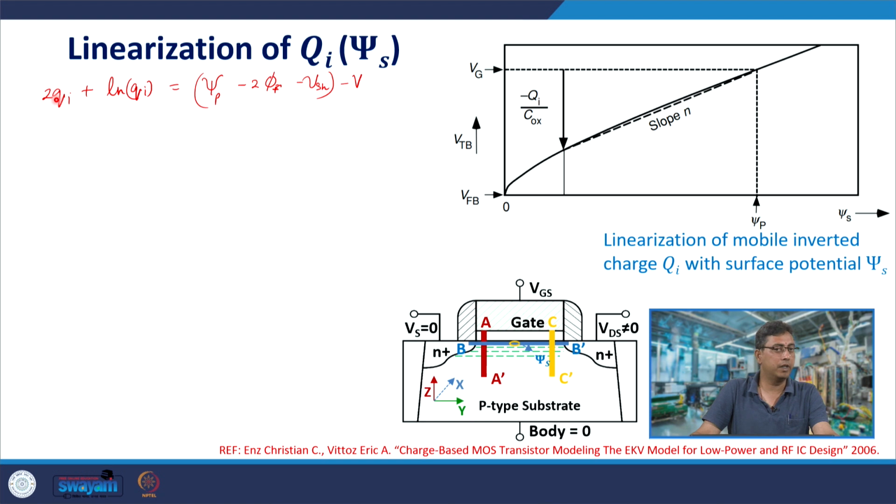Since the value of inversion charge is very small, its natural logarithm is a large negative value, much larger than the absolute value of the normalized inversion charge. That is why, as you keep on increasing V, the right hand side could become negative, where the value of inversion charge density becomes smaller.